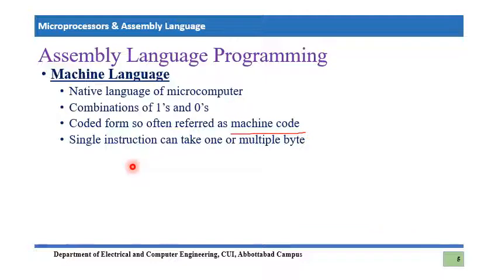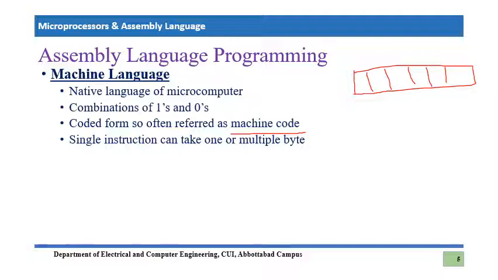Furthermore, we know that each and every program is a combination of various instructions or commands. So a single instruction can take one or multiple bytes. If you remember, while we were discussing the bus interface unit, we discussed something which we named the instruction queue, and the instruction queue's length was 6 bytes in the case of the 8086 microprocessor.